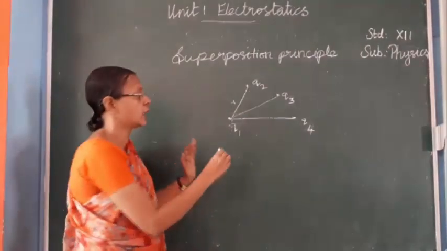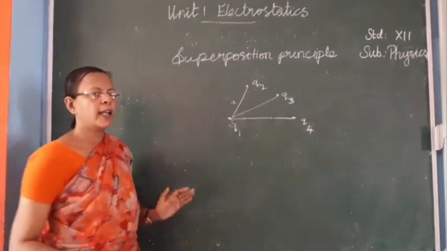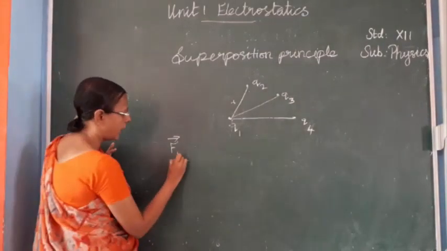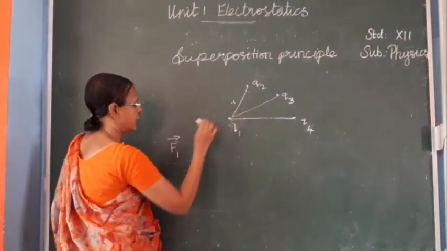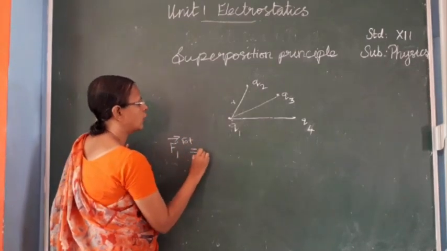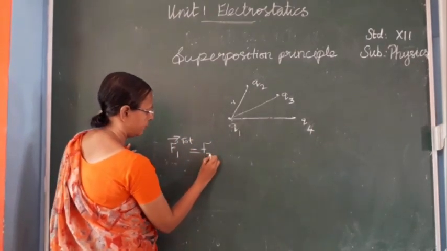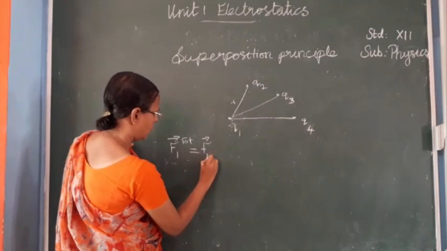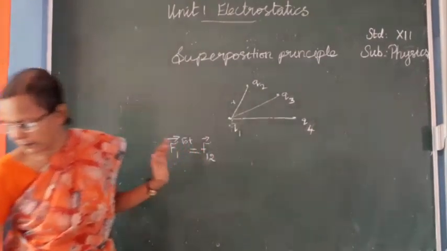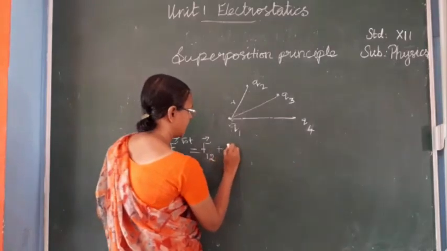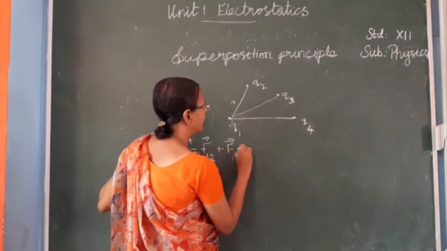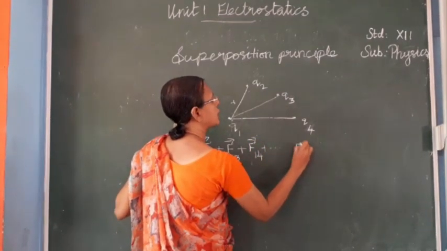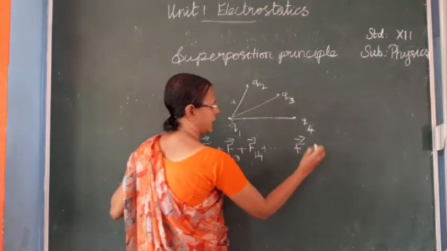So, all the total charges, the total force F vector 1 is equal to F vector 12 plus F vector 13 plus F vector 14 plus etc. F vector 1n.